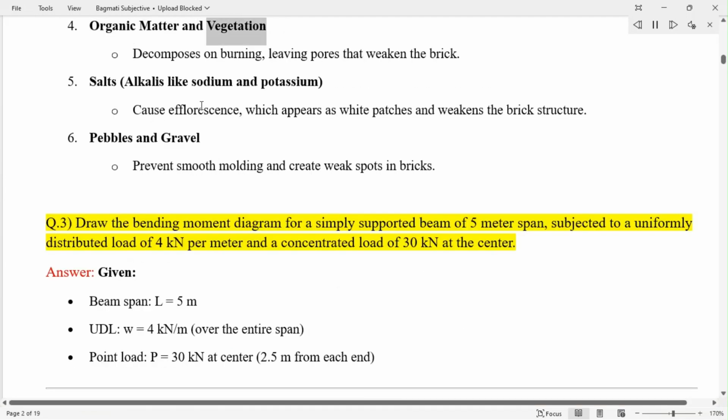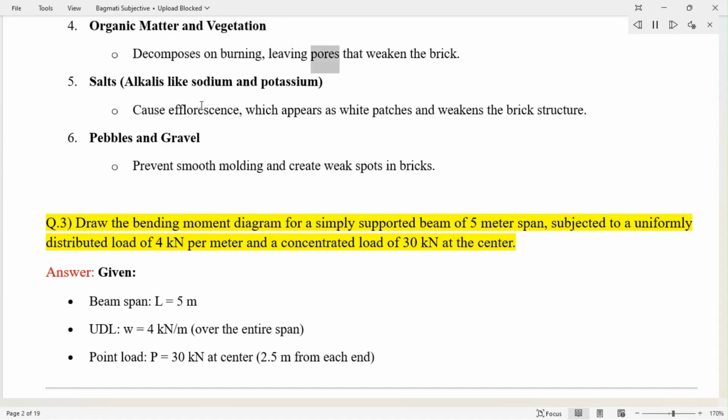Organic matter and vegetation decompose on burning, leaving pores that weaken the brick. Salts and alkalis like sodium and potassium cause efflorescence, which appears as white patches and weakens the brick structure. Pebbles and gravel prevent smooth molding and create weak spots in bricks.